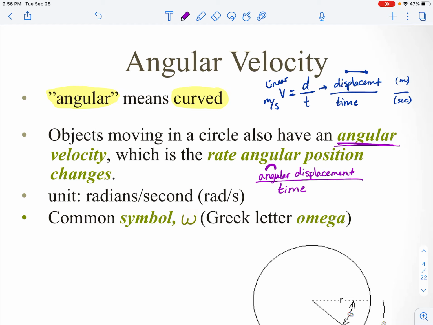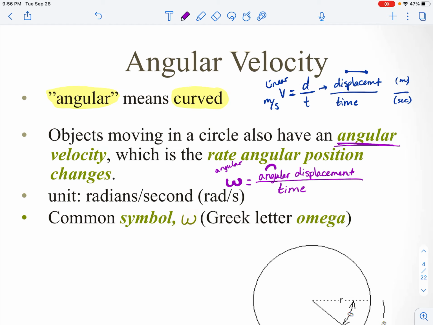So what you see here on the slide is that it says angular velocity is the rate of angular position change. Change in position is just the definition of displacement. Angular just means curved. It says here that we are going to use the Greek symbol omega to represent our angular velocity. So this is going to be our omega, and this is going to stand for angular velocity.